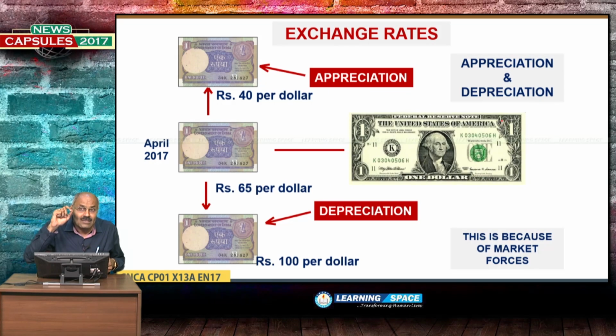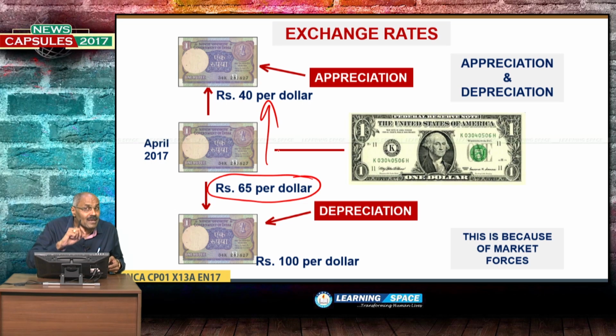And look into this slide. I have shown you this several times. At present, it is around rupees 65 per dollar. Theoretically, I am explaining only to explain the concepts of appreciation and depreciation. I have taken this example. If the rupee goes up to rupees 40 per dollar, it is appreciation.